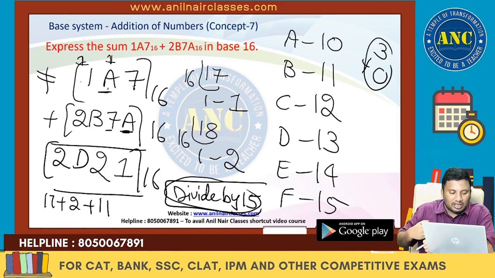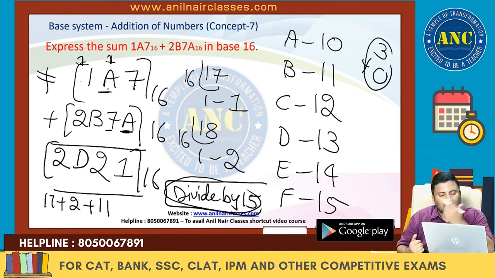Now you will easily get D is 13. 13 plus 2, 15. 2 plus 1 is 3. 3, 3, the answer is matching.